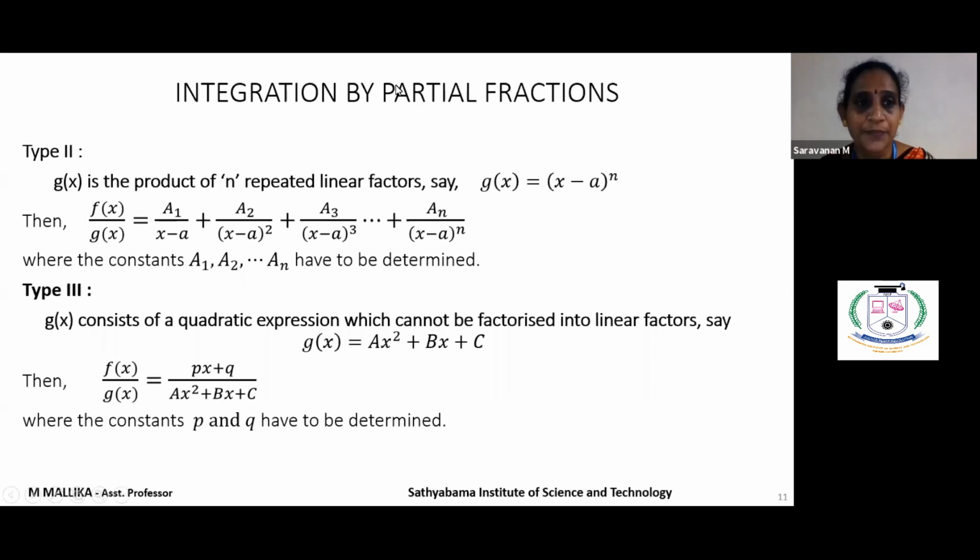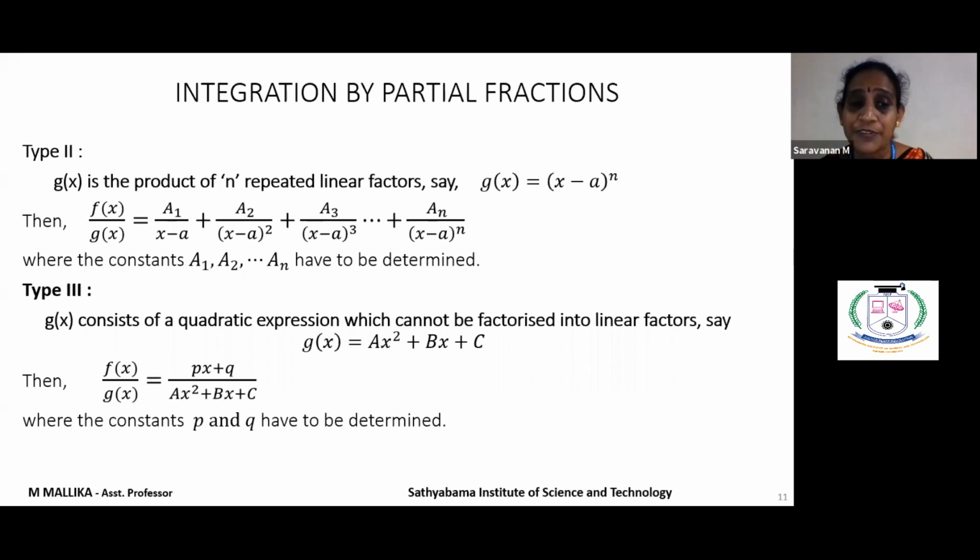Next is type 3. Type 3 is where your g of x consists of a quadratic expression which cannot be factorized into linear factors. Say for example, g of x is equal to ax square plus bx plus c, which cannot be factorized into linear factors.